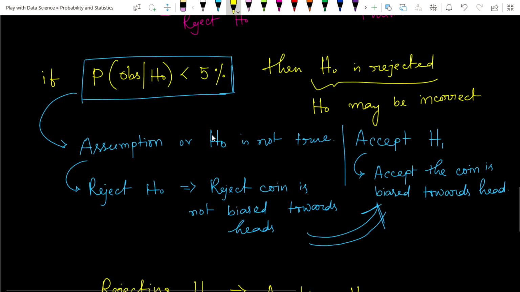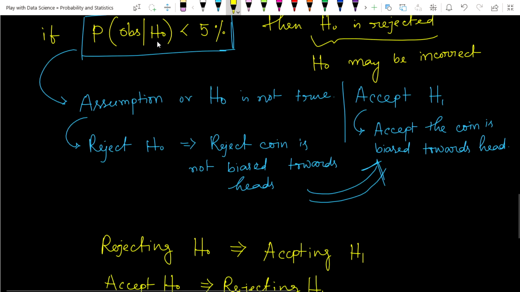That's simple. On the basis of this p-value, in general, if the p-value is less than 5%, we reject the null hypothesis and accept the alternative hypothesis. If it is greater than 5%, then we accept the null hypothesis and reject the alternative hypothesis.